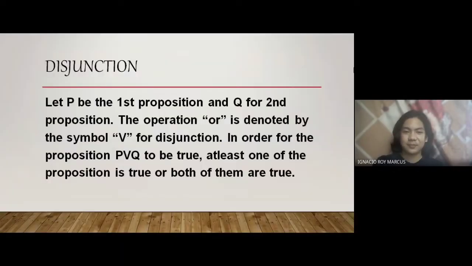Disjunction. Let P be the first proposition and Q the second proposition. The operation OR is denoted by the symbol V for disjunction. In order for the proposition P disjunction Q to be true, at least one of the propositions is true or both of them are true. So, let's have an example.